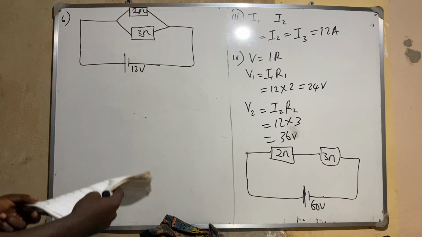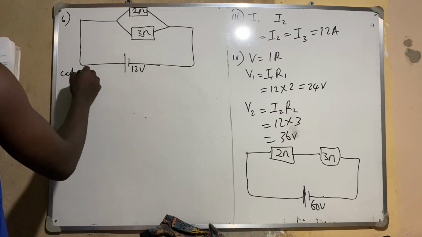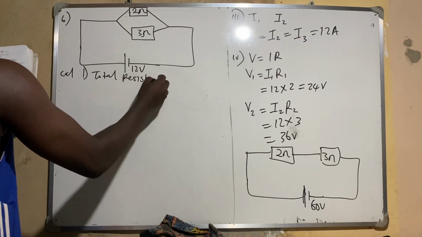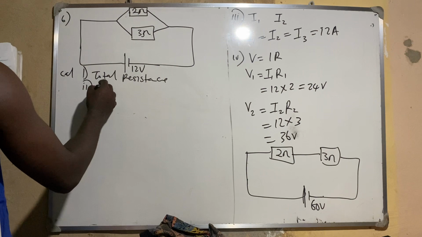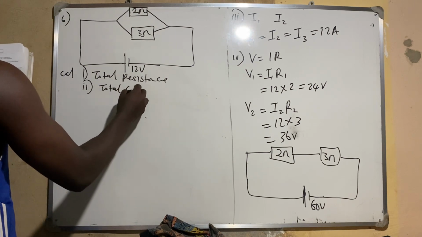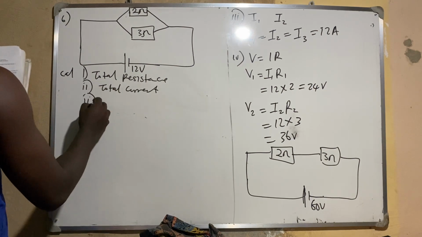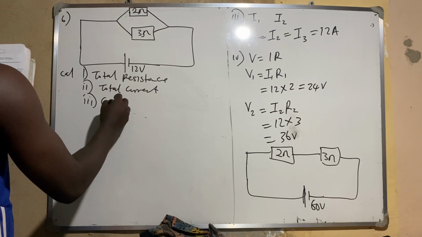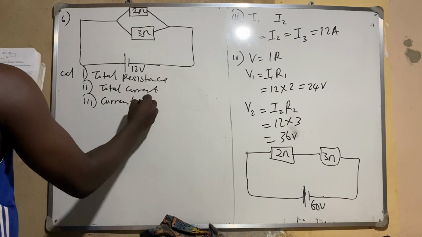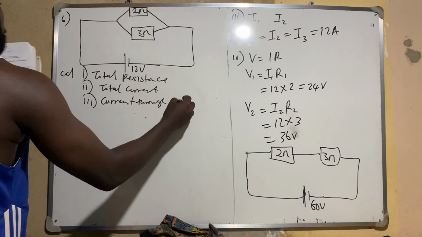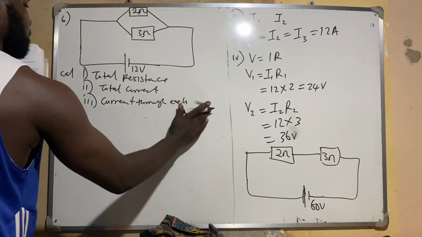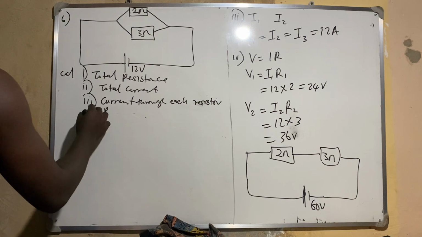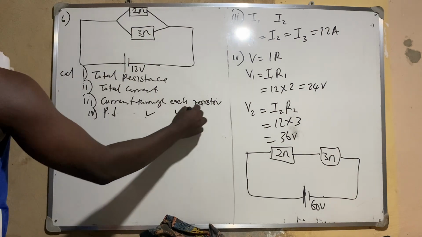They now say calculate I, the total resistance; II, the total current; III, the current through each resistor; IV, the potential difference through each resistor.